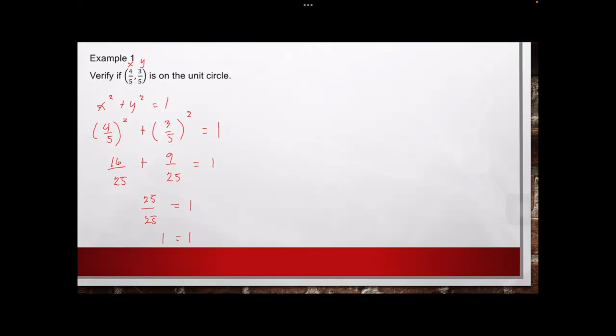Since it is equal, the given point is on the unit circle. If it is not equal to 1, it is not on the unit circle.